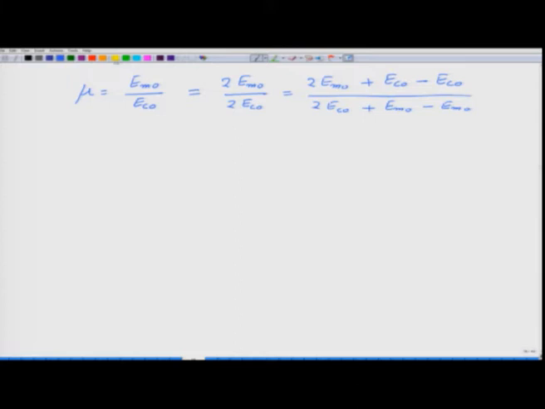Now, if I slightly rearrange the terms, this is equal to E c naught plus E m naught minus E c naught minus E m naught, divided by E c naught plus E m naught plus E c naught minus E m naught.